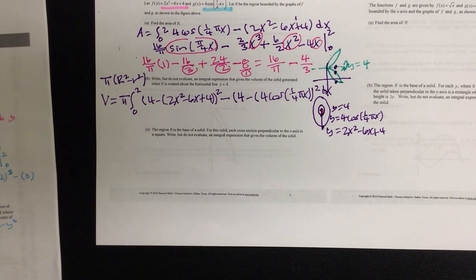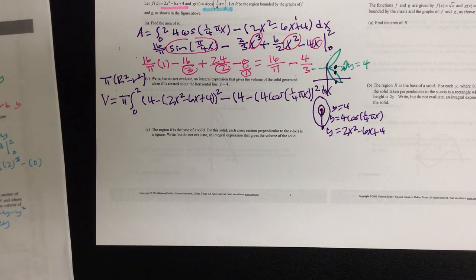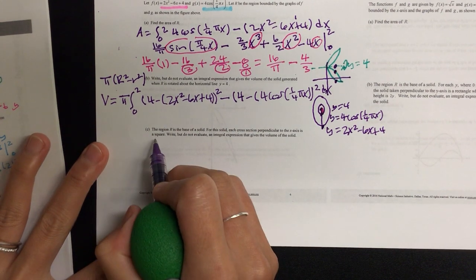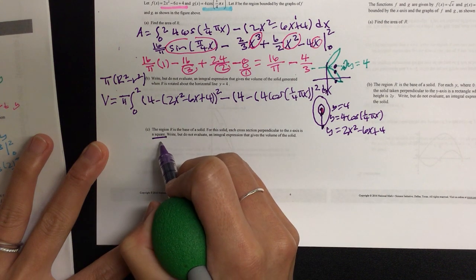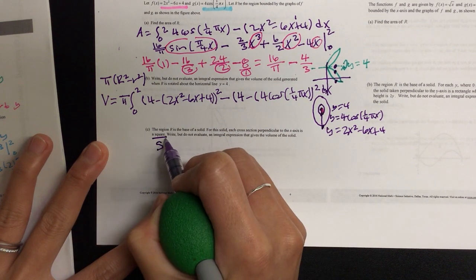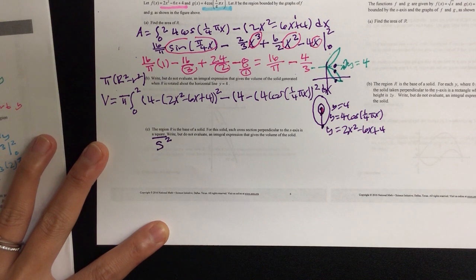Luke, let's read. The region R is the base of a solid. For this solid, each cross-section perpendicular to the x-axis is a square. Write but do not evaluate an integral expression that gives the volume of the solid. So for the square, all I need is one side and square it, because it's side times side.